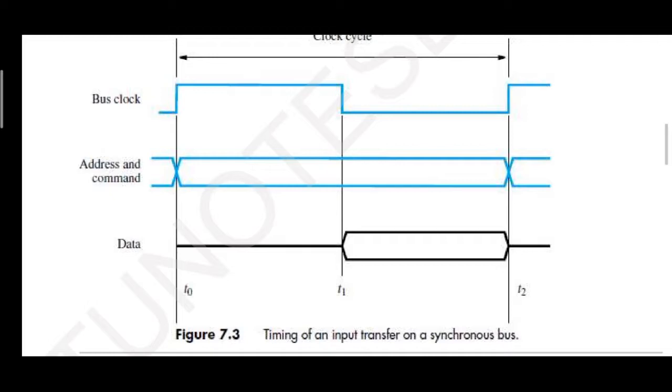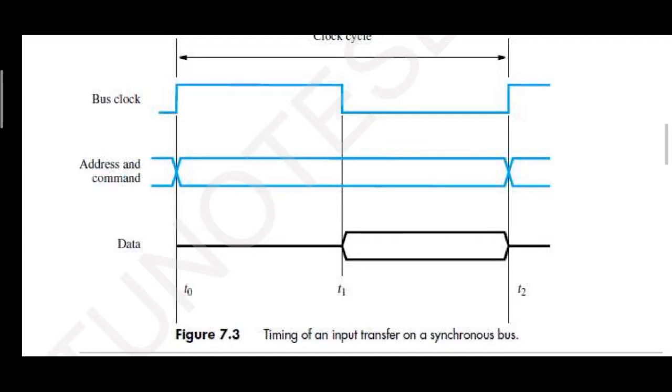The entire cycle is utilized for transferring address and command, and the second half, the negative half cycle between t1 and t2, is sufficient for transferring data. Address in the sense of the source and the destination, and other necessary commands, such information is exchanged in that interval.